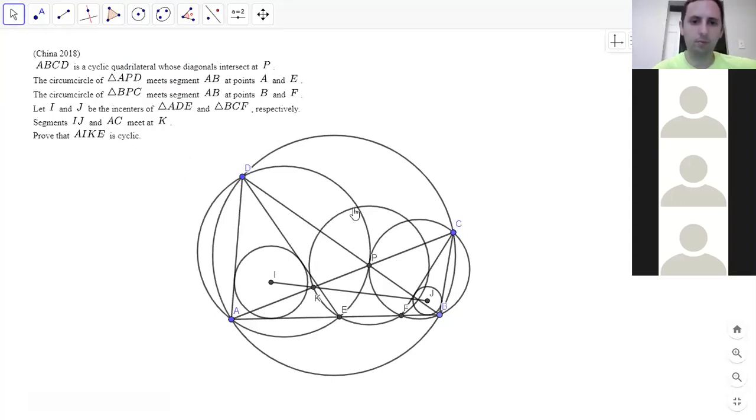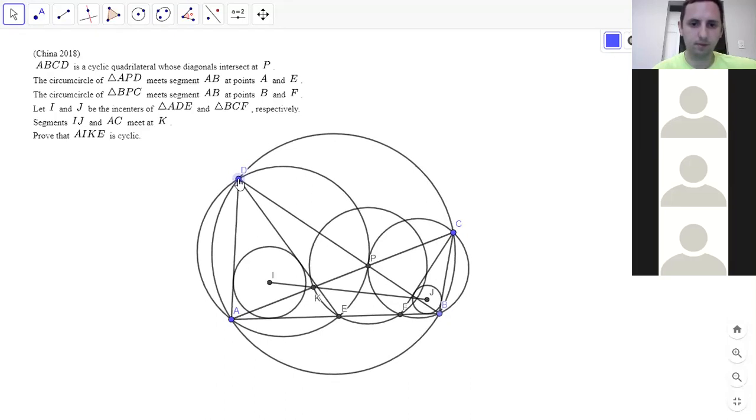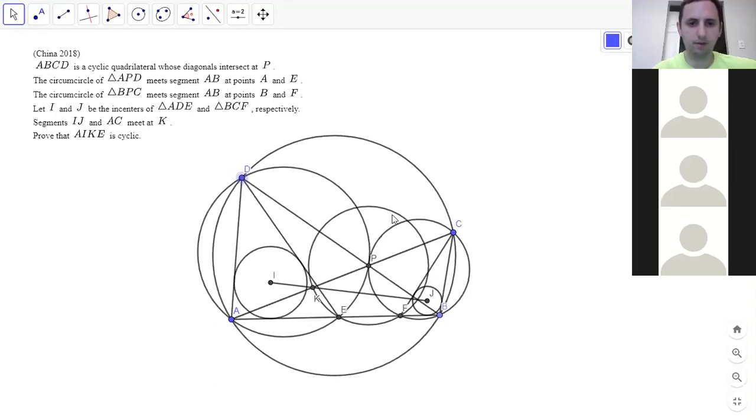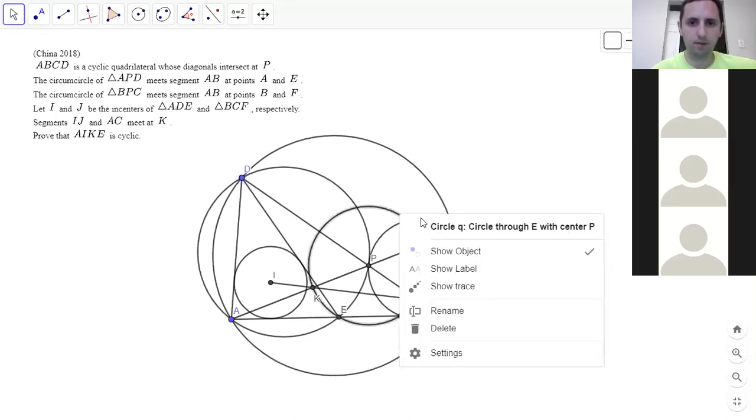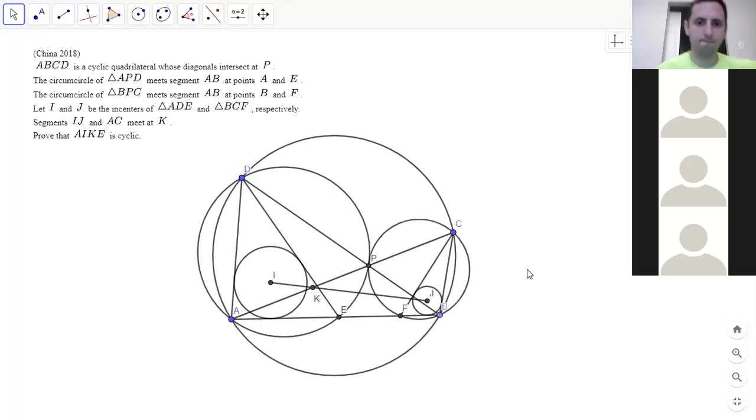So really we want to show P is the circumcenter of KEF, right? Interesting. So yeah, how do we show P is the circumcenter of KEF?